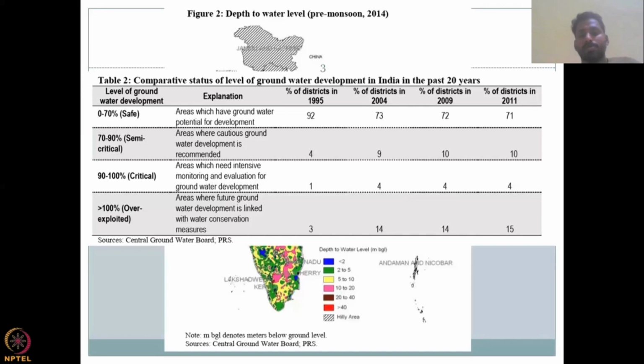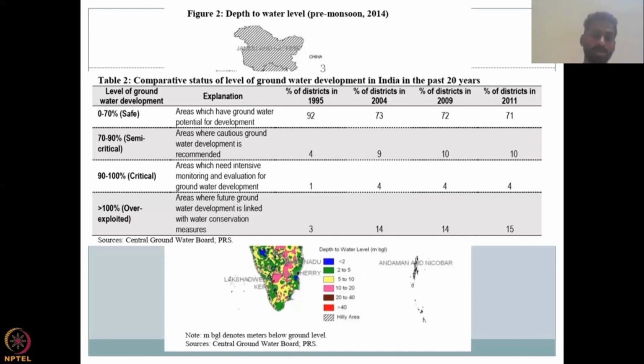Let's go to the 90 to 100%, which is called critical. The critical is kind of concerning because you're totally depleting your aquifer. You're taking all the storage out and keeping it blank. If you keep the storage blank, the next year, if it is a drought year, you will also face consequences. These are areas which need intensive monitoring and evaluation for further groundwater development.